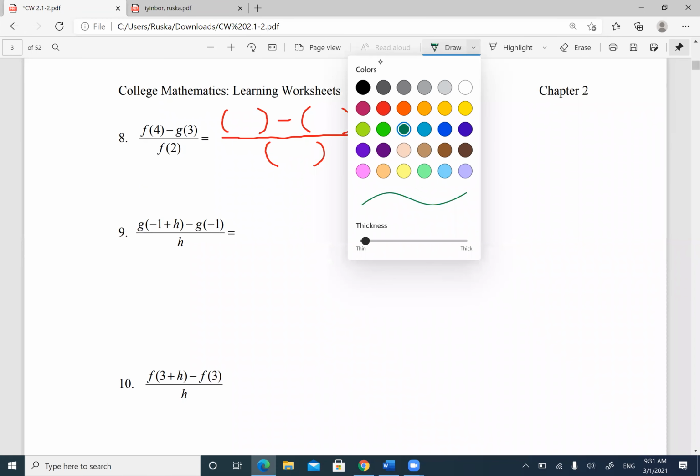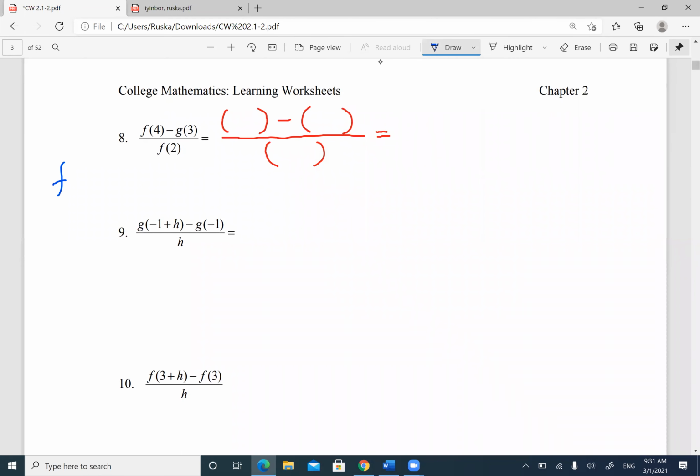So first, what is f of 4? F of 4 is going to follow the function f. So it's going to be x squared plus 1. And you're going to plug in 4, so that's 17. So the first number here is 17.